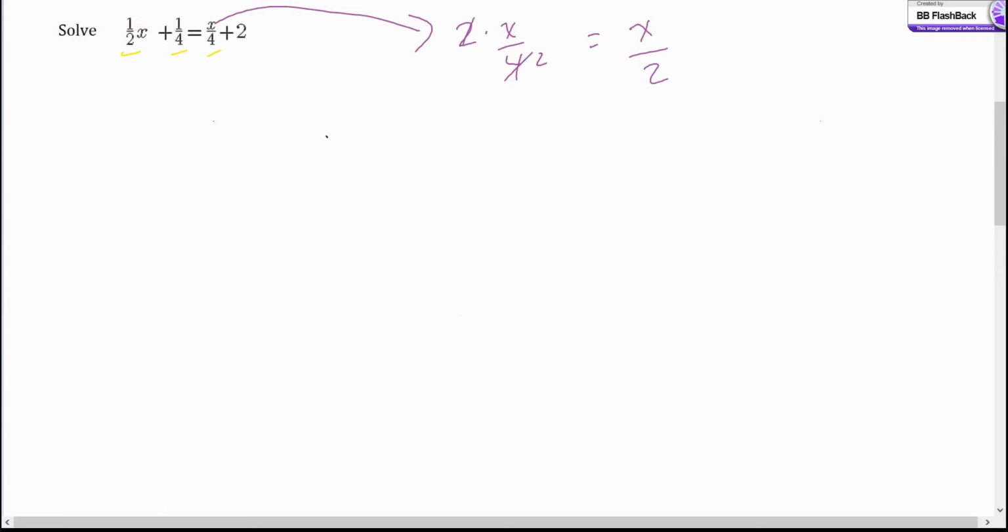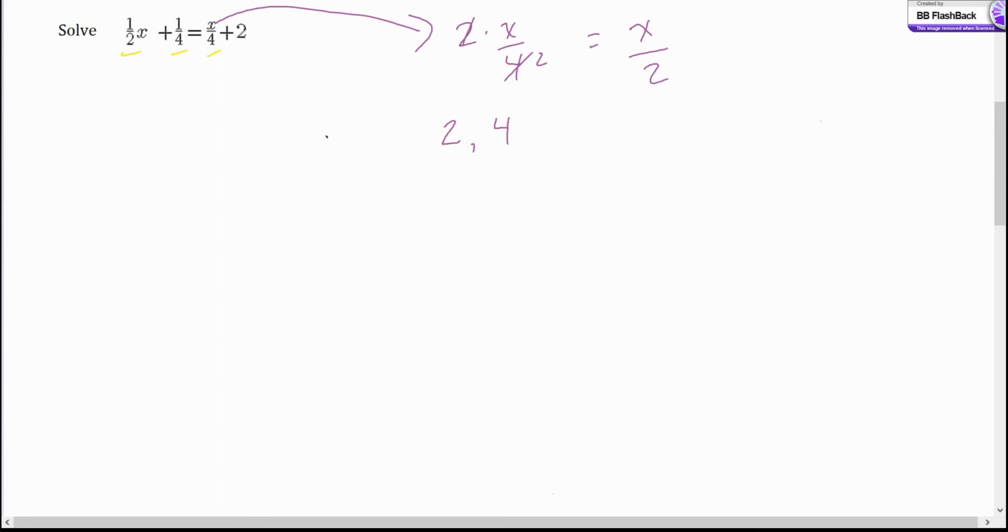If we figure out the lowest common denominator and multiply everything by that number, it'll get rid of all of our fractions. So in this case, we need a number that 2 is going to divide into and 4 is going to divide into. Well, that's pretty easy. It's going to be 4.